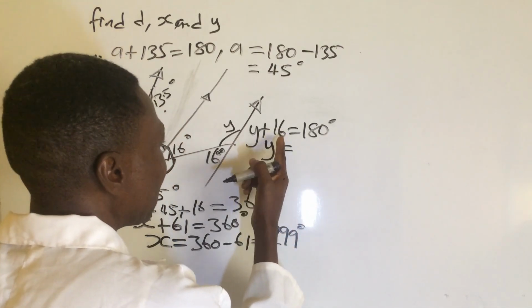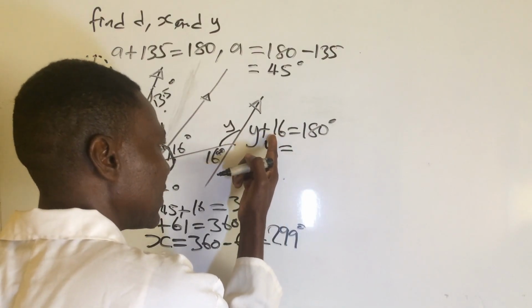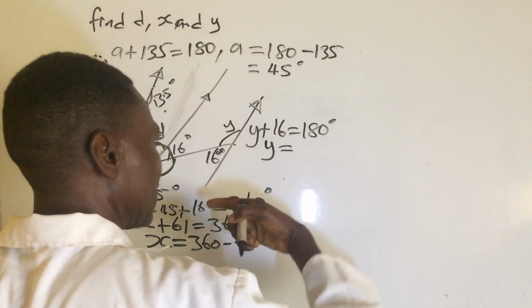We eliminate 16 by subtracting 16. If we subtract 16 here, 16 minus 16 has gone.